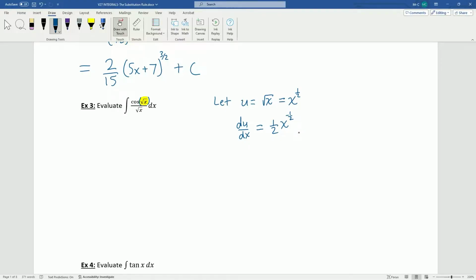Okay, so we've applied our power rule, and we're going to multiply dx across. And what do we get? We get du equals. Now I'm also going to rewrite this 1 over 2 x to the 1/2 power, or the square root of x, times dx.